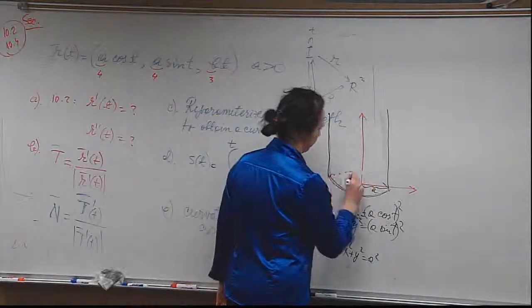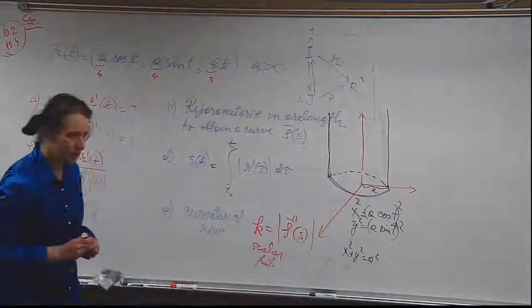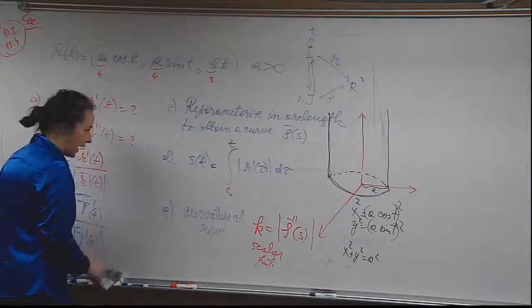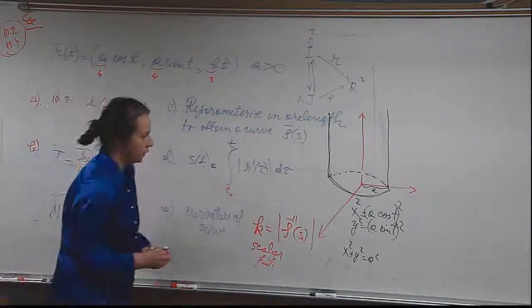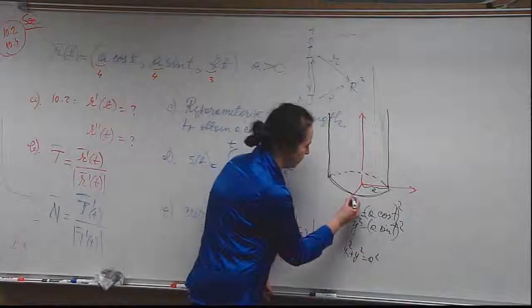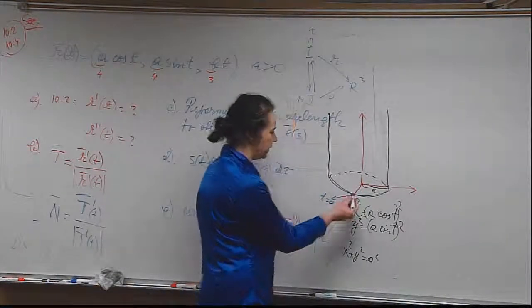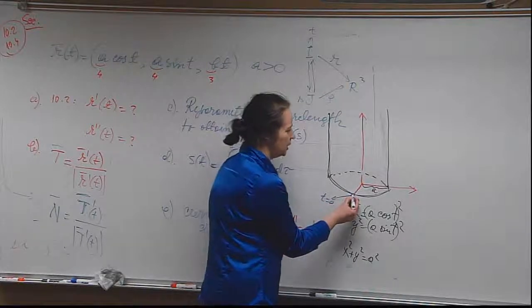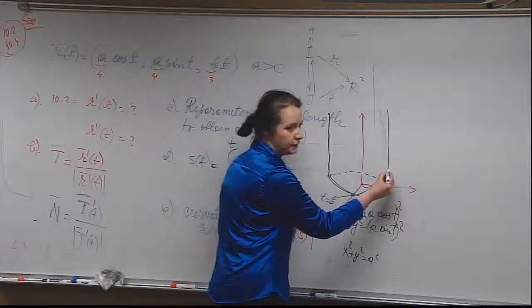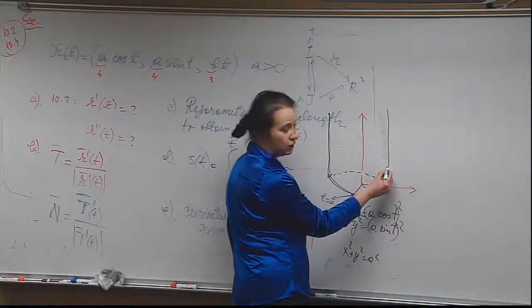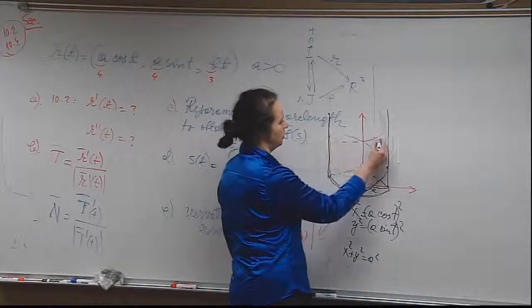Okay. Good. So I'm starting at what point? I'm starting at (A, 0, 0), time t equals 0. We discussed that last time, I'm not going to repeat. I'm starting here, and two of you told me at t equals pi over 2, I'm going to be here, and so on and so forth.